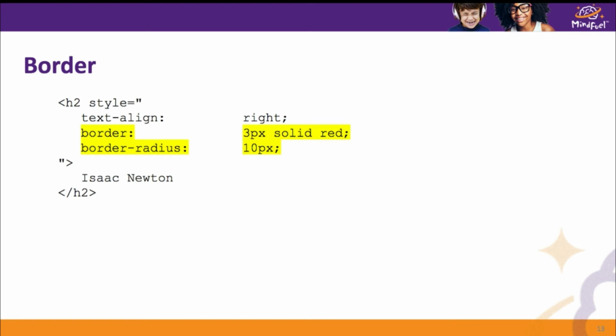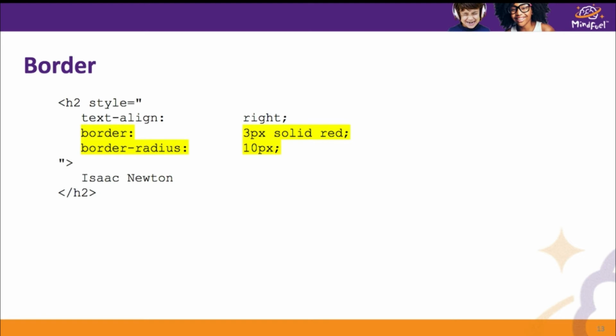The border property draws a line around the page element and takes 3 values: the width of the line, the style, such as dotted, dashed, solid, or double, and its color. I have specified a 3 pixel wide continuous solid red line.